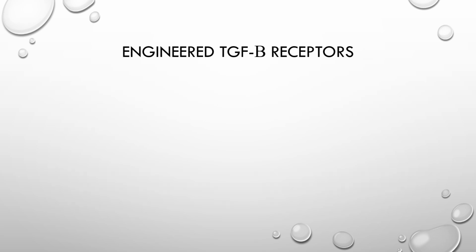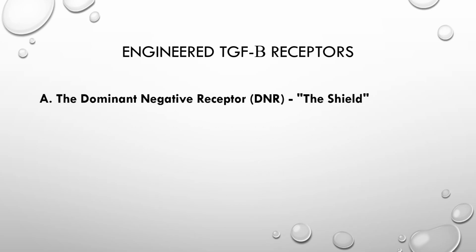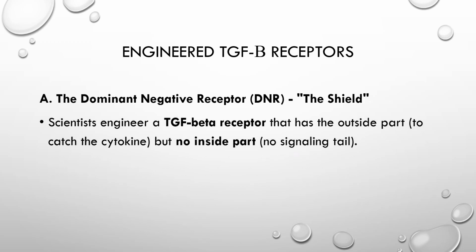I want to talk about the engineered TGF-β receptors that I've talked about in the past, because there's an update that I want to make. So there are two types that I've identified. There's the dominant negative receptor, and this is where you take away the ability of the TGF-β to signal to stop. So you have the receptor there, but you have no signaling mechanics.